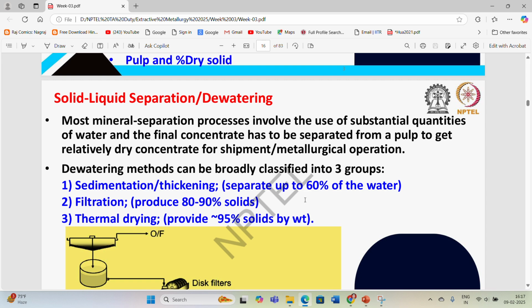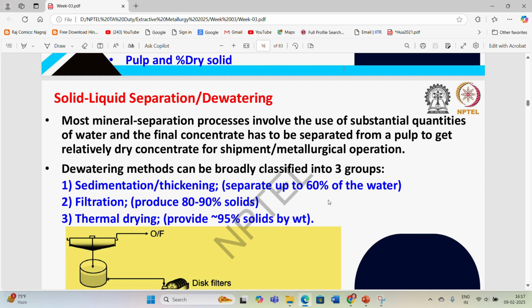or dewatering processes. Most mineral separation processes involve the use of substantial quantities of water, as we have already talked about, and the final concentrate has to be separated from a pulp to get a relatively dry concentrate for shipment or further metallurgical operations. These dewatering methods can be broadly classified into three groups.